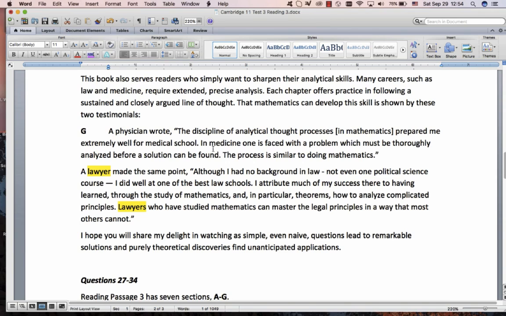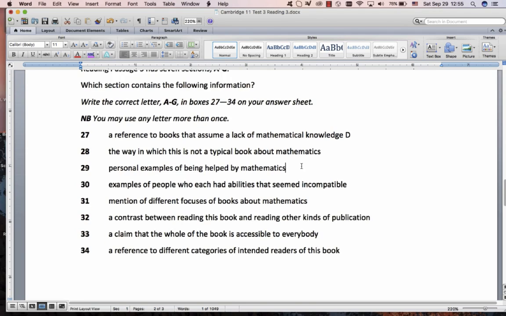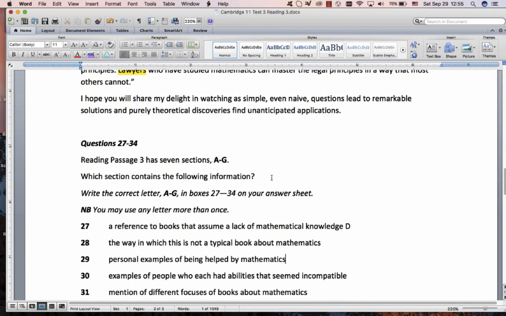We want examples. Here is a physician and here is a lawyer. So it's 2 examples by people, and they helped. It prepared the physician and it helped the lawyer. So that one we can quite quickly find as being paragraph G.